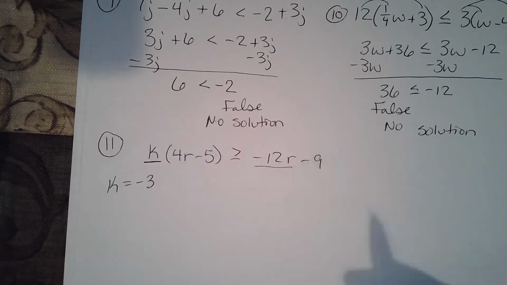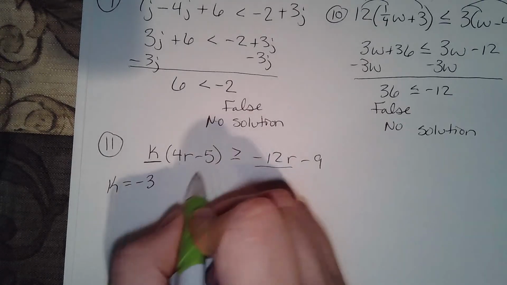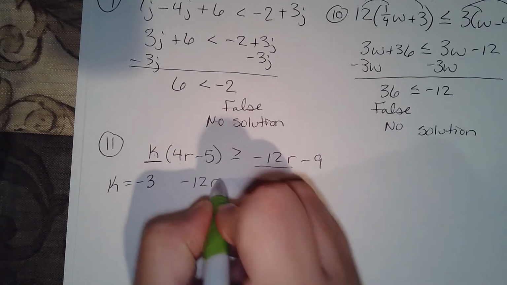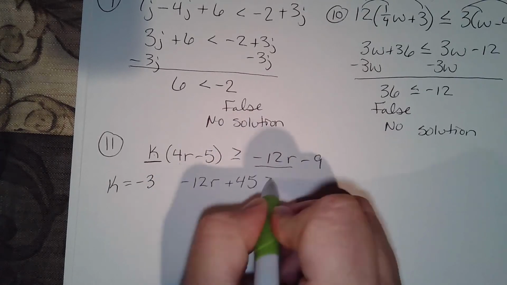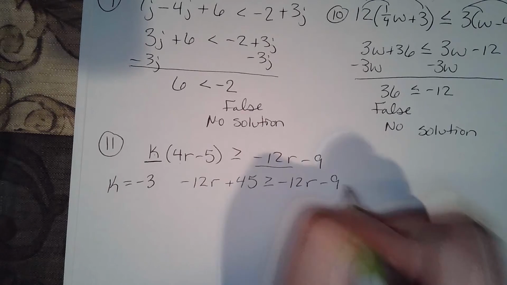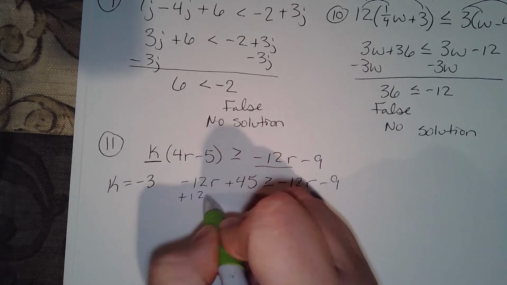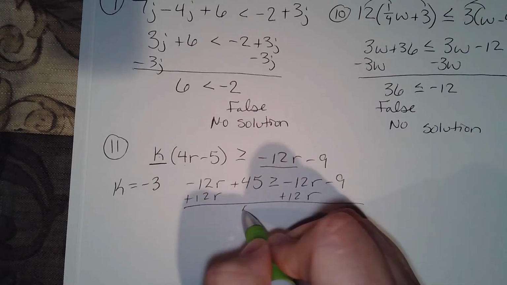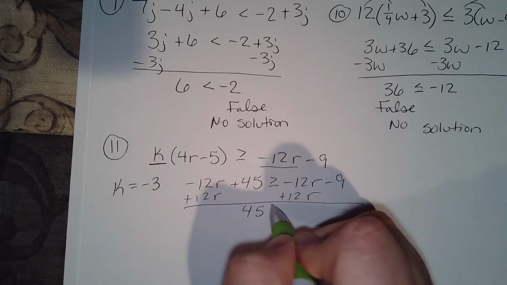So let's put in our hypothesis and see what we get. If I had negative 3 here, this becomes negative 12r plus 45 is greater than or equal to negative 12r minus 9. The negative 12r's are going to drop out. So I get 45 is greater than or equal to negative 9.